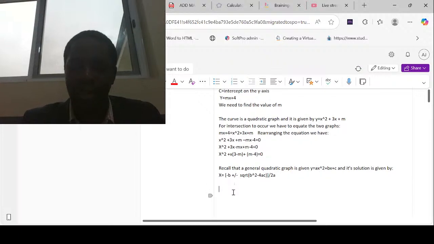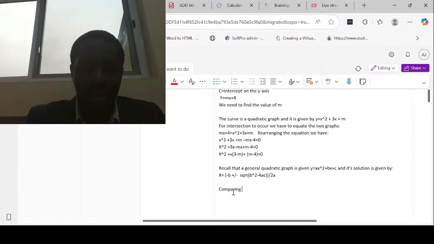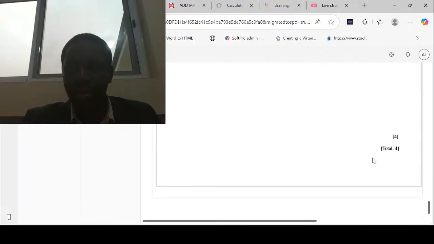So let's compare now. Comparing with the above, we have that a is 1, right? Because there's nothing standing beside x squared.